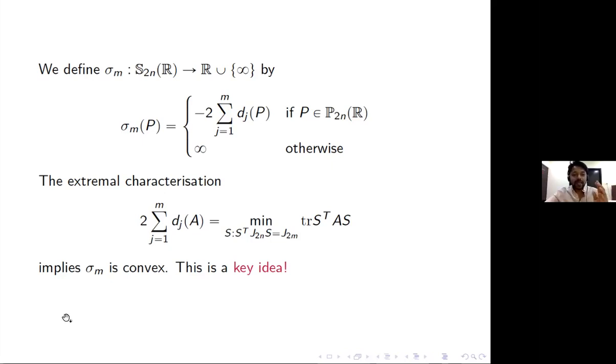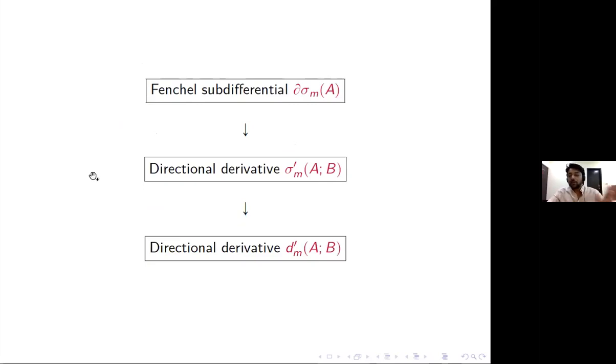So here's what we are going to do. We first find the Fenchel subdifferential of sigma m, and then using the max formula, we find the directional derivative of sigma m. Then we will conclude that the symplectic eigenvalue maps are directionally differentiable, and we also compute the expression for their directional derivative.